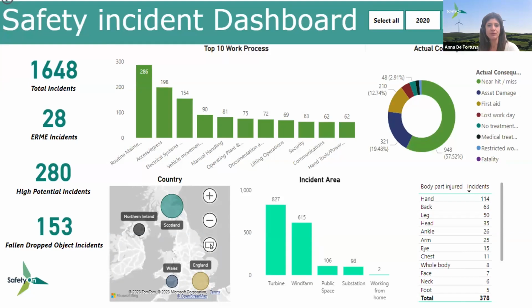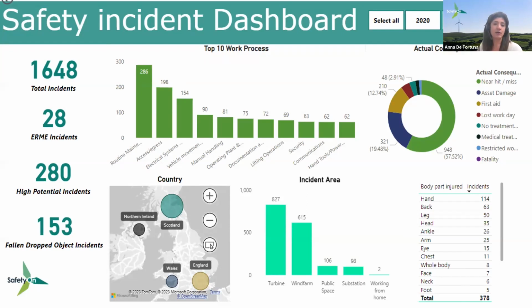So a good example for this would be, if we had a team that were winching up their equipment into the nacelle of a turbine. If an object weighing around 1 kilo fell from the load whilst it was at height to the ground, and by chance it did not hit anyone, then this would be recorded as a high potential incident, because there is a likely possibility there that persons could have been present in that area.